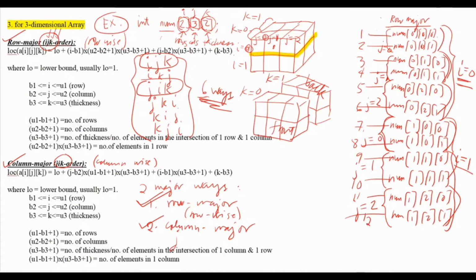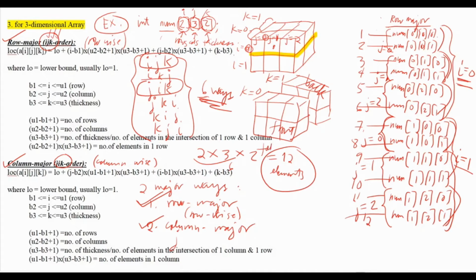So there are 12 elements. Why 12 elements? Because you have 2 rows times 3 columns times the thickness is 2. So that gives you, this is 6 times 2, you have 12 elements.